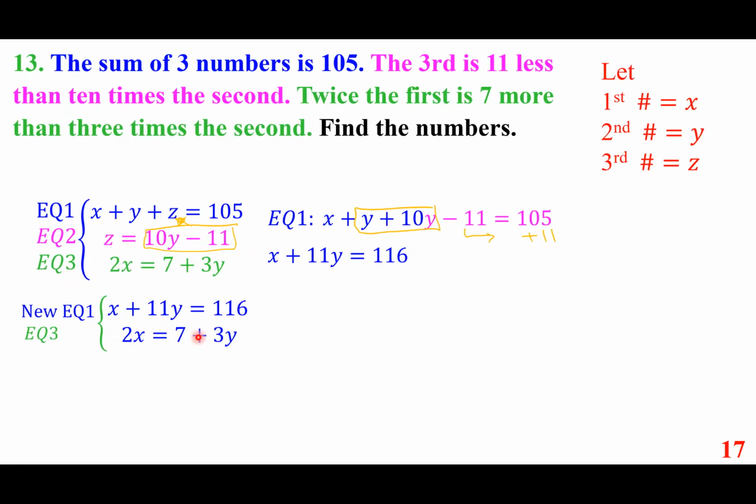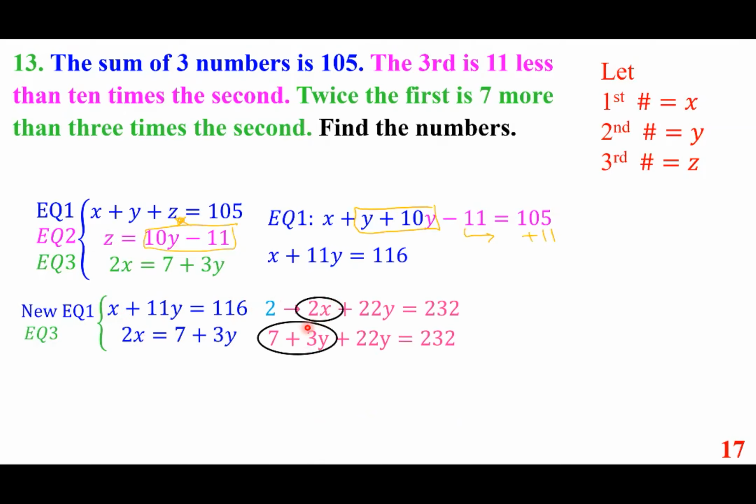All right, we can do the substitution. The best way, instead of dividing by 2 and solving for x and making fractions, let's multiply this one by 2: 2x plus 22y equals 320. And now this 2x, we replace it with 7 plus 3y.